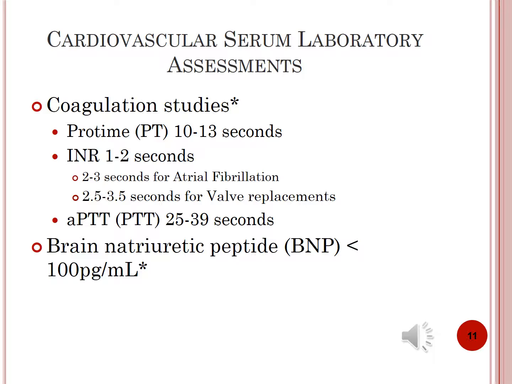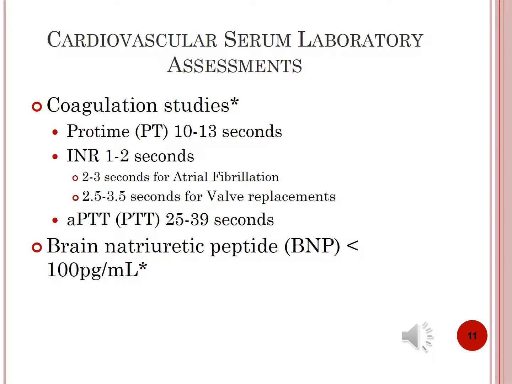Then this BNP is coming up. We talked about this with our fluid and electrolytes lecture. Brain natriuretic peptide. Cardiovascular patients, you would anticipate, right? If they're having any heart failure, that number, normal range should be less than 100. It can get higher. It can get, I think 900 is considered severe heart failure, but like I told you in class, I've seen patients with that number up into 5,000.